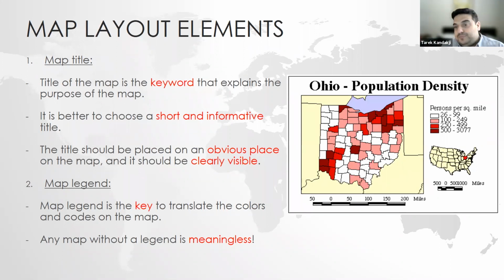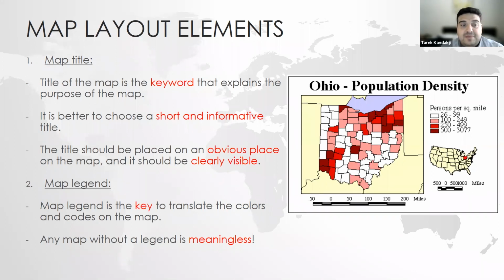You don't just put it in one of the corners with a small font. No, it has to be highlighted, clear and obvious. Nobody should struggle in seeing it. The map title is very essential.